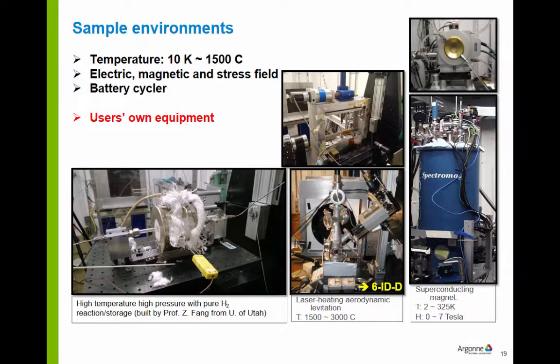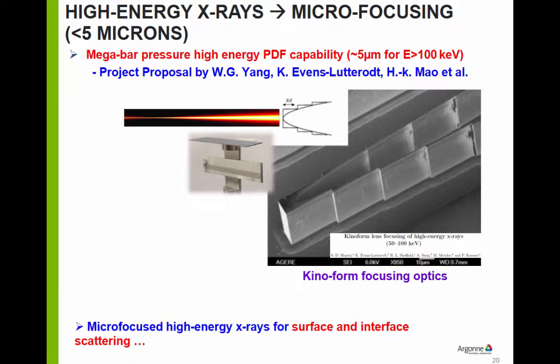The upgrade to the monos also resulted in a more uniform and clean beam, which plays an important role in a partner user proposal that Yang is part of, which is the micro-focusing of the X-rays in 11-ID-C.